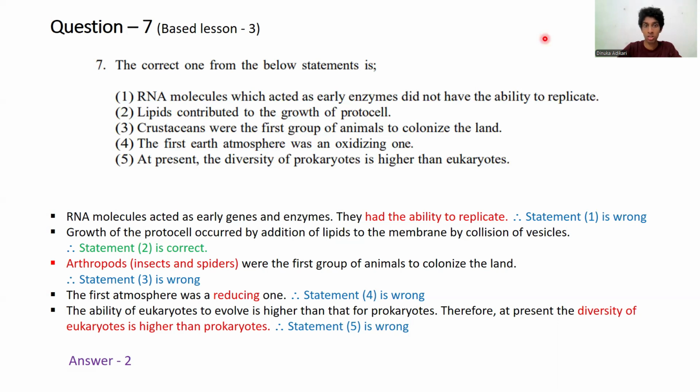At present, the diversity of prokaryotes is higher than eukaryotes. No, the ability of eukaryotes to evolve is higher than that for prokaryotes. Therefore, at present, the diversity of eukaryotes is higher than the prokaryotes. Therefore, statement 5 is wrong. So, accordingly, the correct statement was the second one. So, the correct answer is 2.